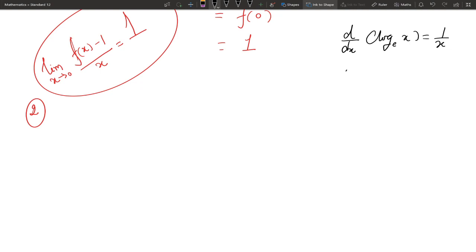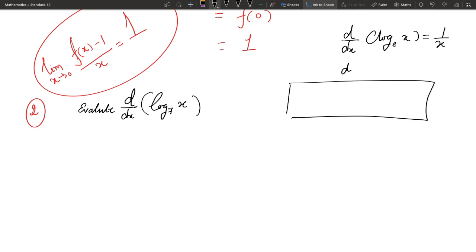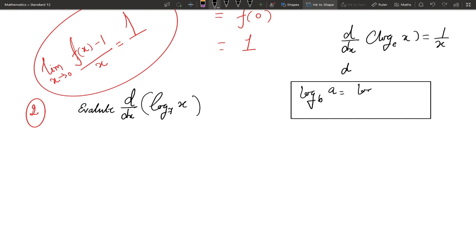But if base is not e, for example, evaluate d by dx of log x to the base 7. So we have to use this formula of logarithm. Log a to the base b is log a upon log b, to change the base to e. Here base b, while here base e. So this is the formula of logarithm to change the base.